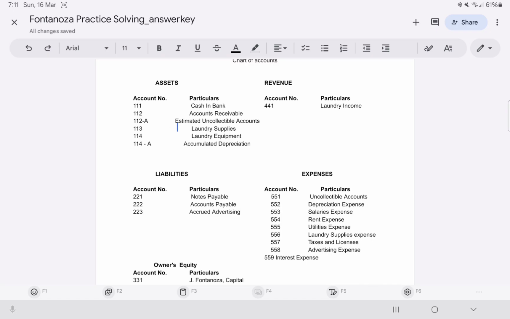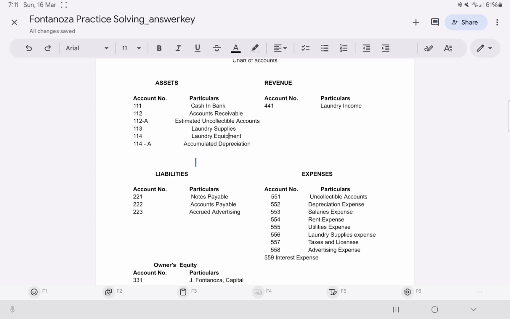So you're going to solve for the actual cost of your laundry machine, divided by the number of months, since we have 12 months in 1 year, to determine the cost of the estimated life in 1 month, since this is only a 1 month transaction.